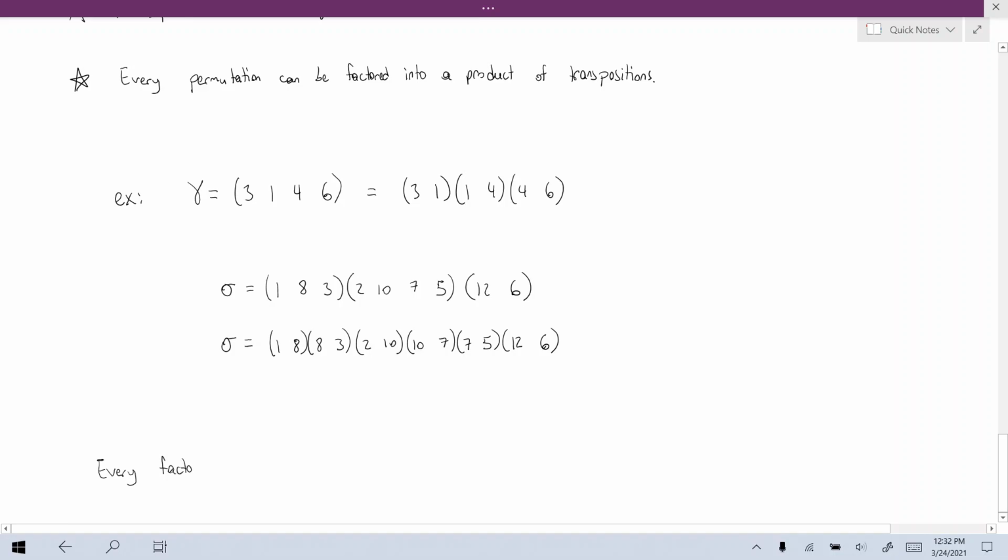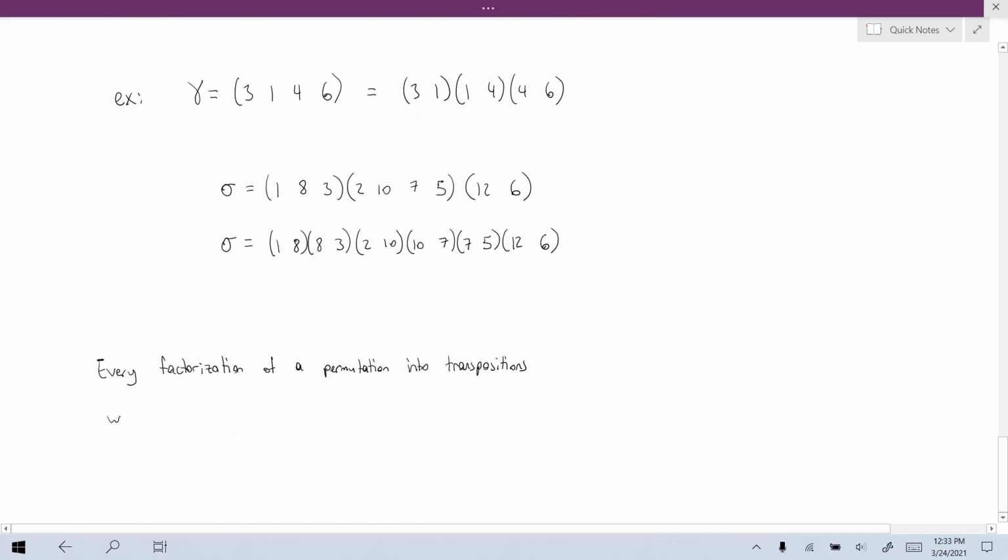Every factorization of a permutation into a product of transpositions will have either an even number of transpositions in it, or an odd number.